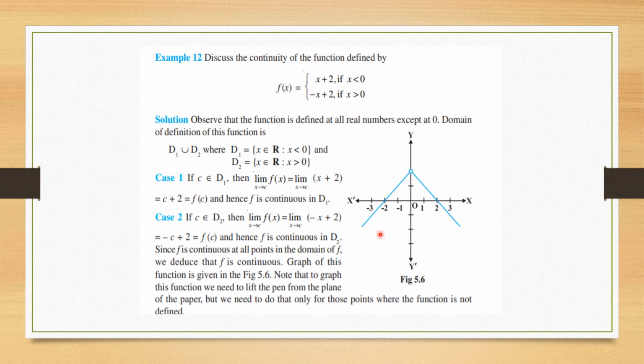So I cannot plot the graph without lifting my pen. We need to lift the pen from the plane of the paper, and that is only needed when the function is not behaving continuously or at a point where it is not defined. So this is how graphically we come to the conclusion. We will have practice on it also, so don't worry.